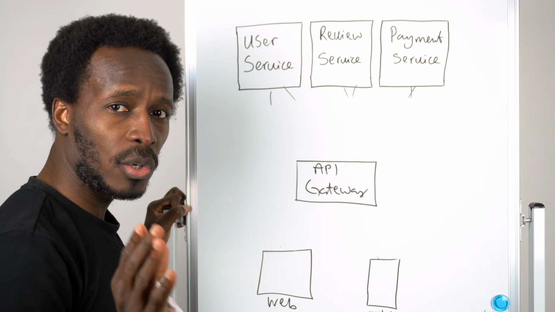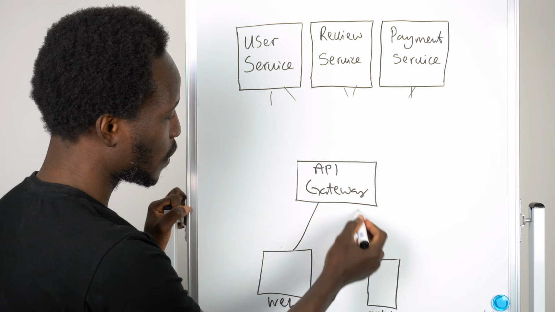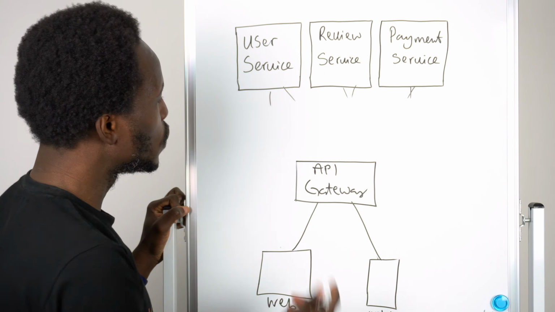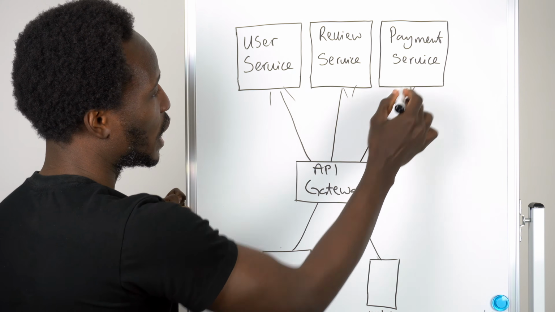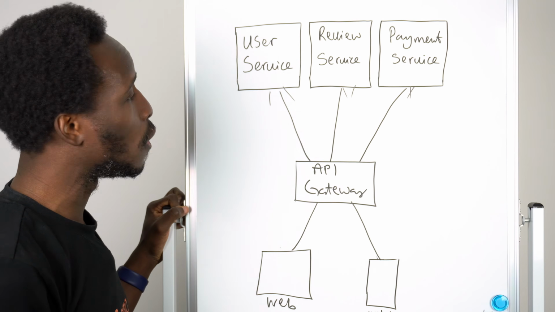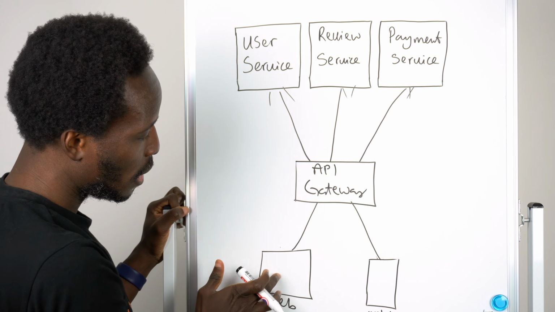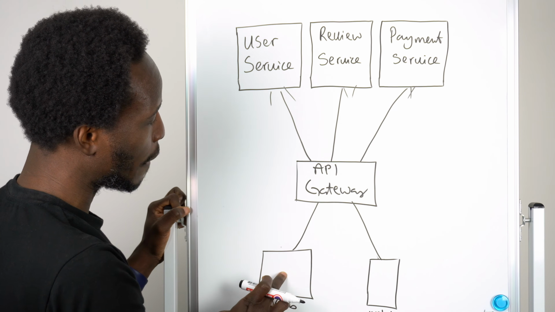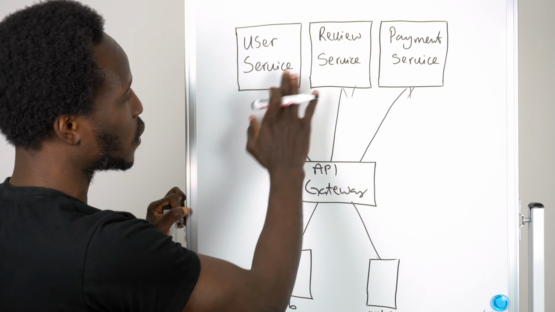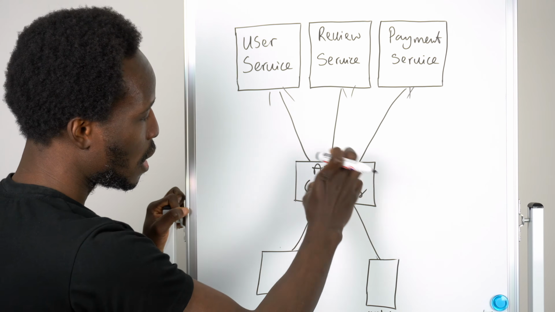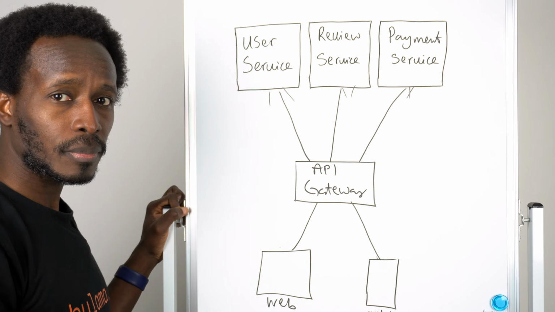And what the API gateway does is it takes requests on behalf of these clients and knows which backend microservice it needs to call in order to get the data to satisfy the request made by the client, right? So a single call here may require making calls to multiple services, getting the data, composing the response, and sending it to the client.